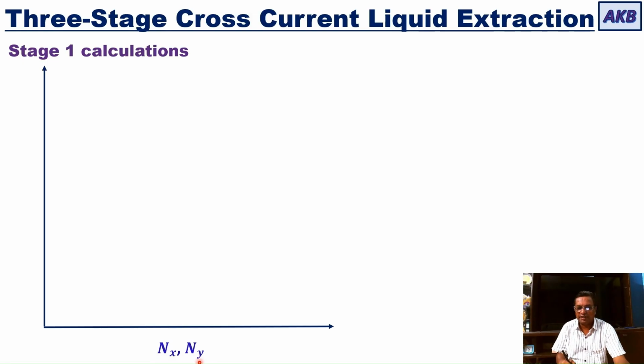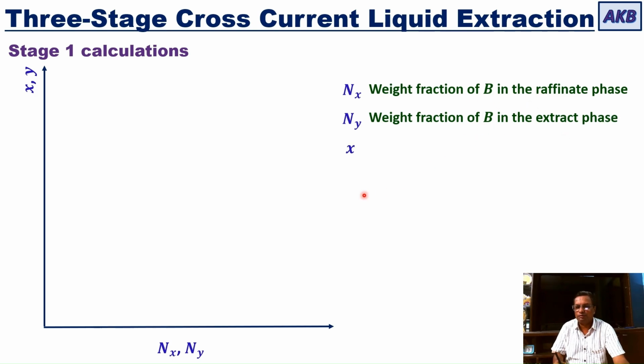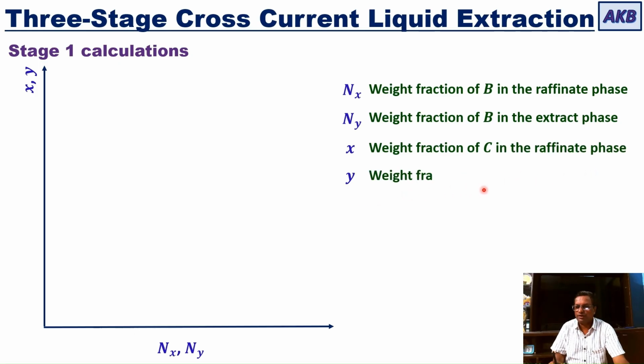Here nx and ny are plotted on the x-axis, and x and y are plotted on the y-axis. In this case, nx is weight fraction of B in the raffinate phase, and ny is the weight fraction of B in the extract phase when they are in equilibrium with each other. Then x is weight fraction of C in the raffinate phase, and y is weight fraction of C in the extract phase.